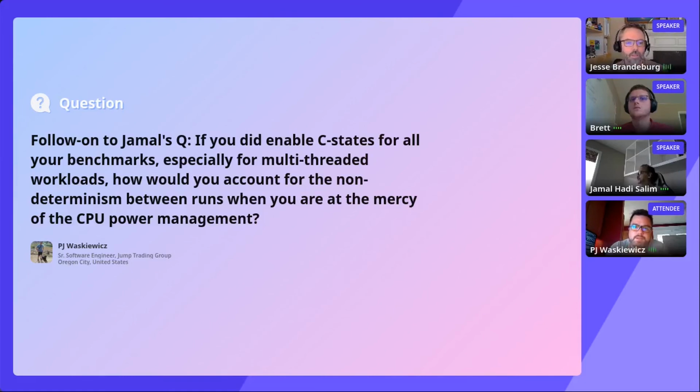Yeah, because what you had mentioned in the talk, you're at the mercy of the package state, at the mercy of the PCIe link state, and all of these other things that are all working separately but have the same effect overall. Why would something look so drastically different on one run versus another?